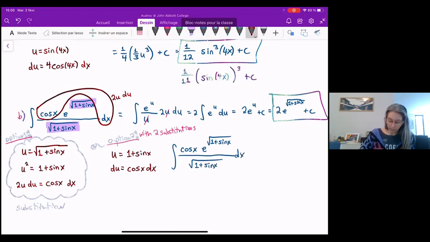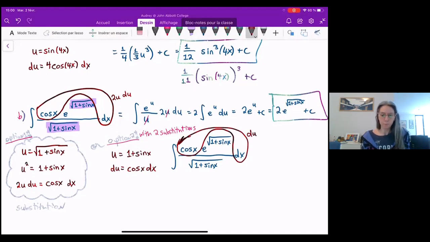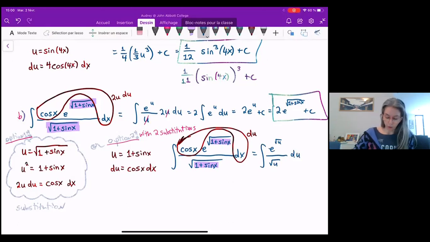Now this time that cosine x dx actually is only being replaced with du, because I just got du is equal to cosine x. This time also, it's just 1 plus sine x, that's u. I'm not including that square root. So I end up with e to the square root of u over the square root of u du, and that is not a known form.